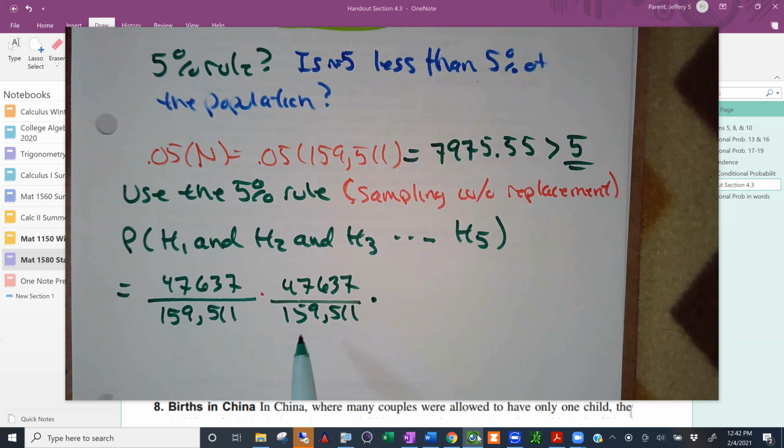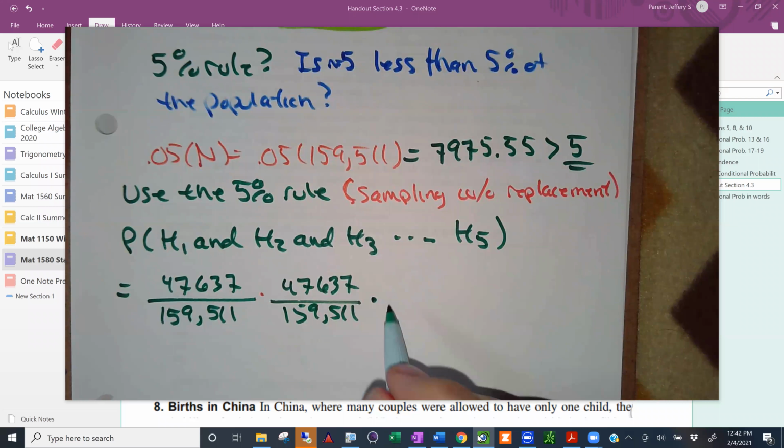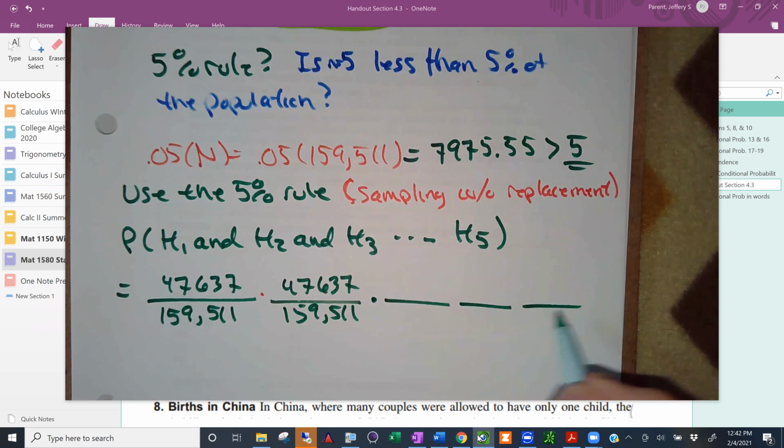That's not exactly the right probability, but it's close enough. It's not going to make a big difference because our sample size is so small. And then it'd be again and again and again for the second, third, fourth, and fifth patients.